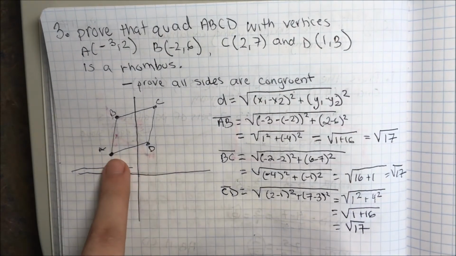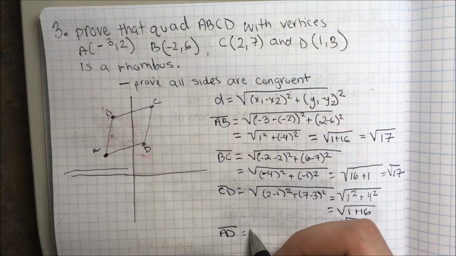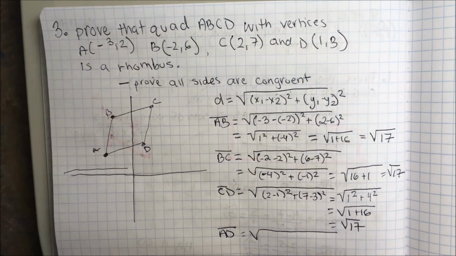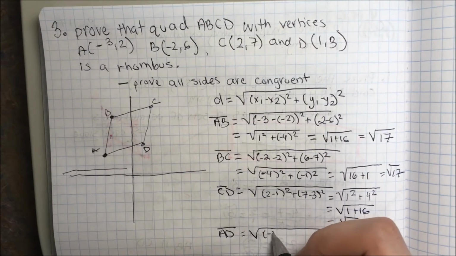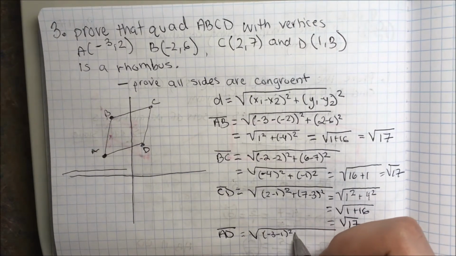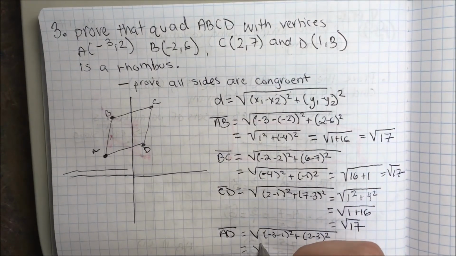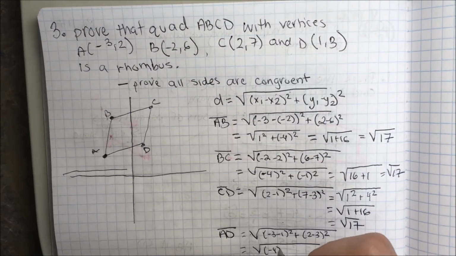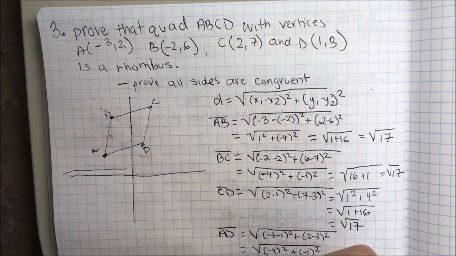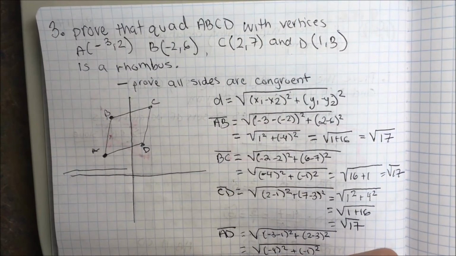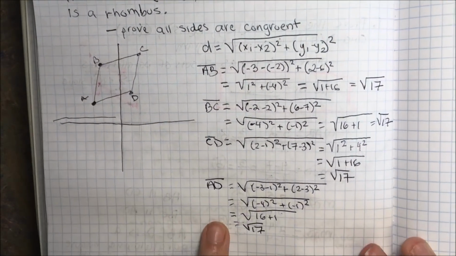Now we have our last line, AD. We have negative 3 minus 1 squared plus 2 minus 3 squared. This gives us negative 4 squared plus negative 1 squared, which is the square root of 16 plus 1, which is the square root of 17.